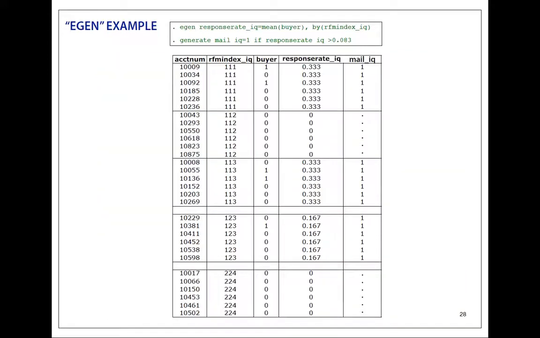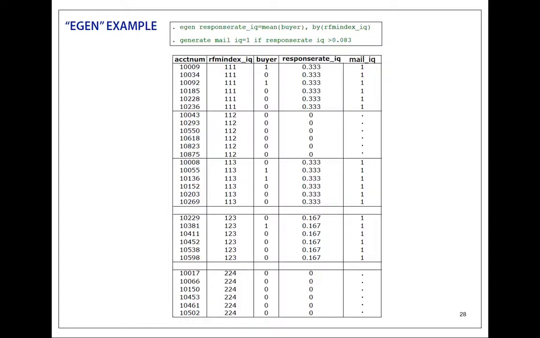Egen response rate equals to mean buyer by RFM index. So for each RFM group, we calculate the mean response rate, and assign that mean response rate to everybody within the same group.